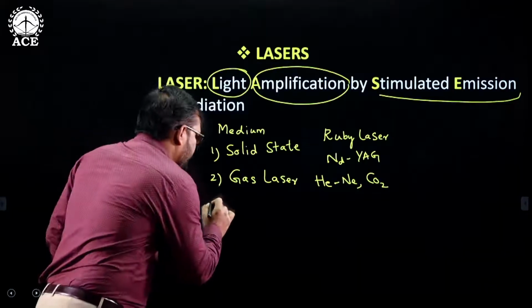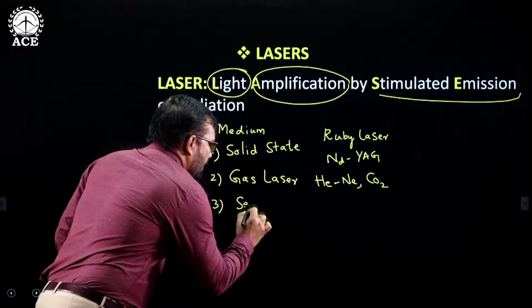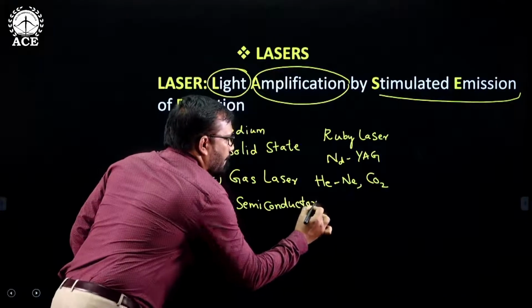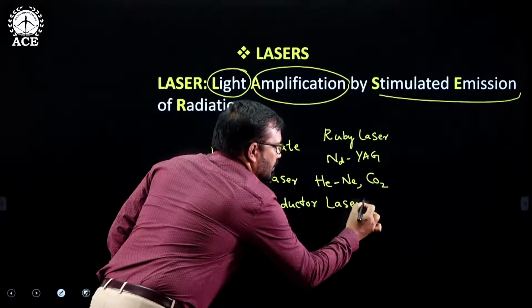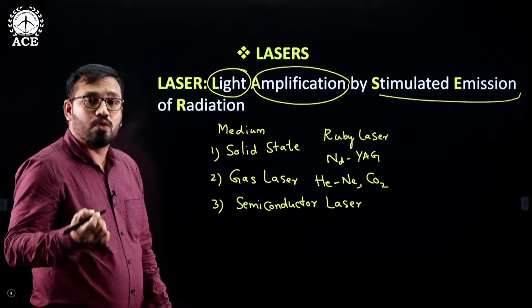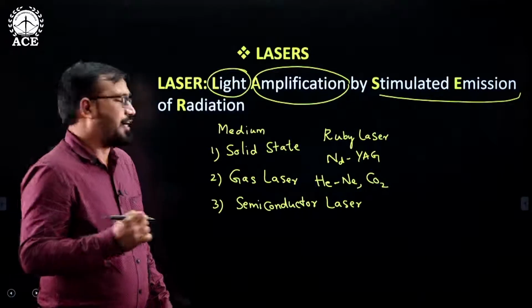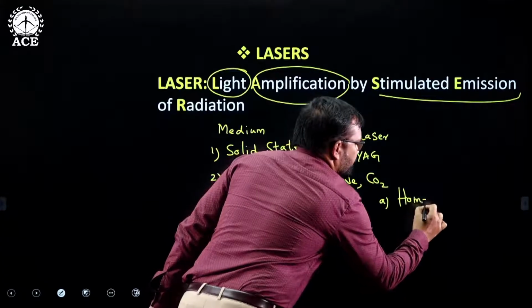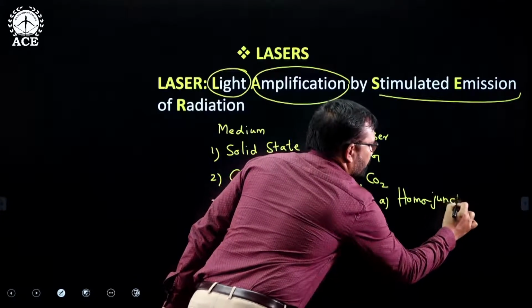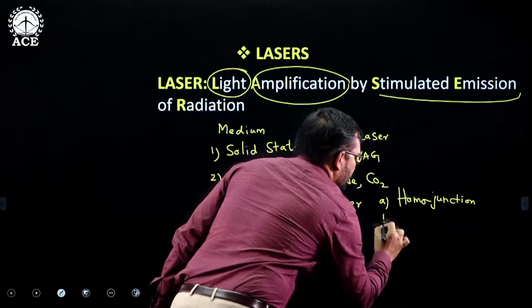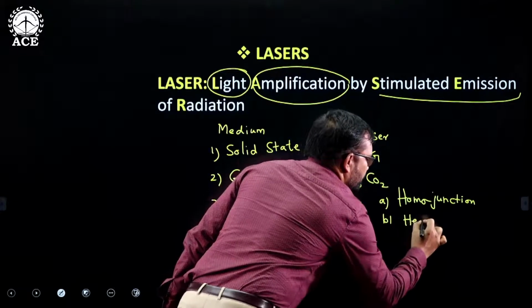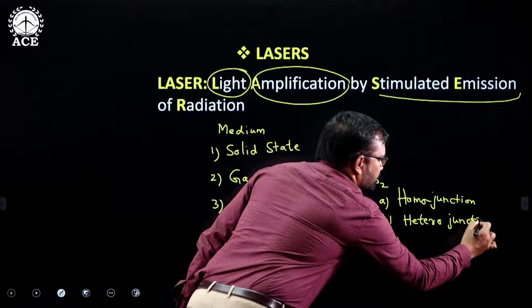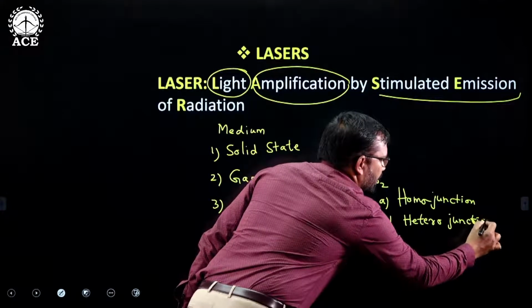Next we have the semiconductor laser. Semiconductor lasers are again classified into two categories, homojunction and heterojunction.